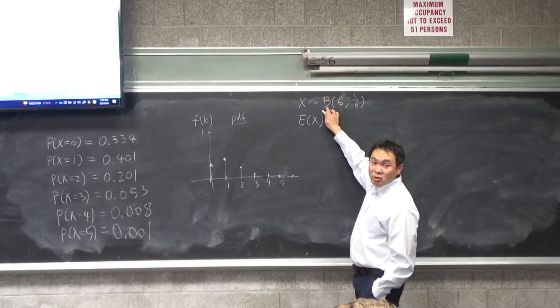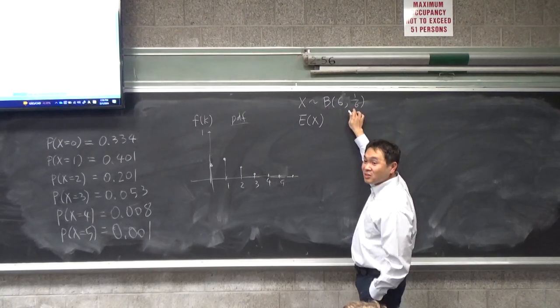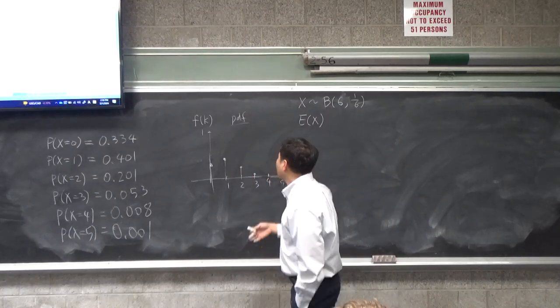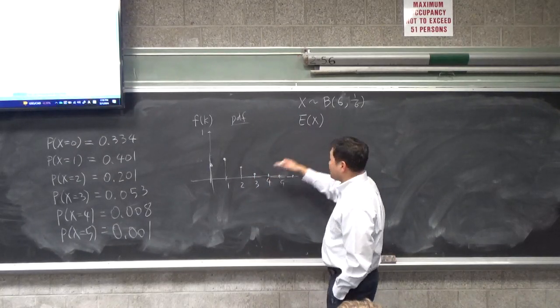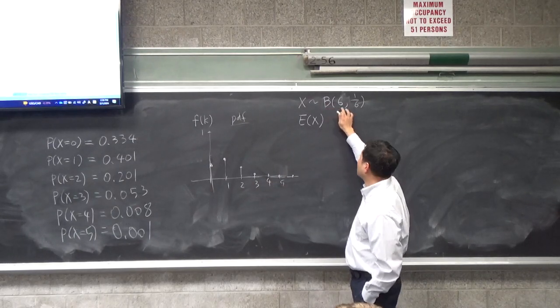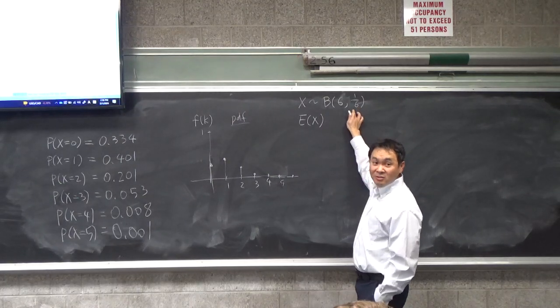This B is for binomial, 6 is the number of trials, and 1/6 is the probability of a success. This graph is the graph for a binomial process with 6 trials and probability 1/6. Does that make sense?